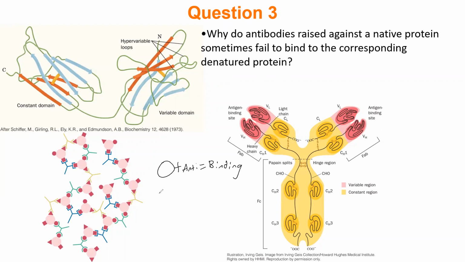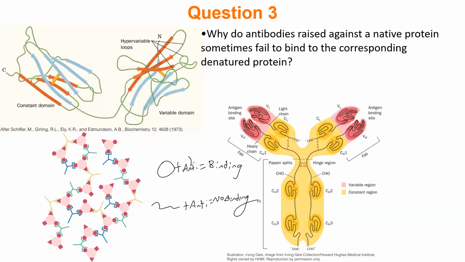I have the same protein, but I unfold it. And I have the same antibody, but sometimes you get no binding. Why is that a possibility?